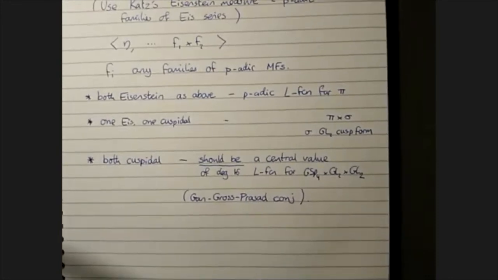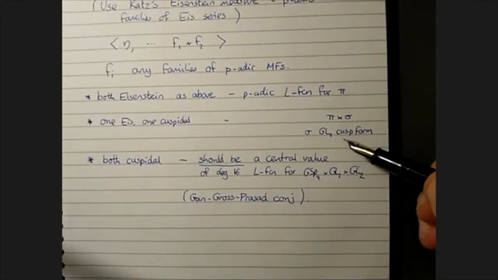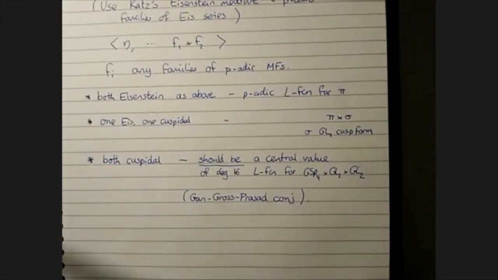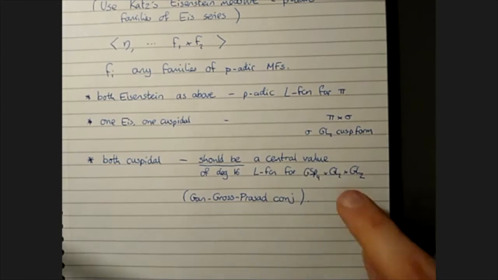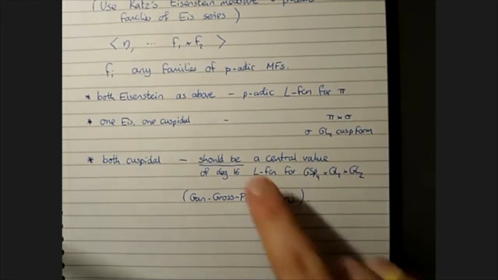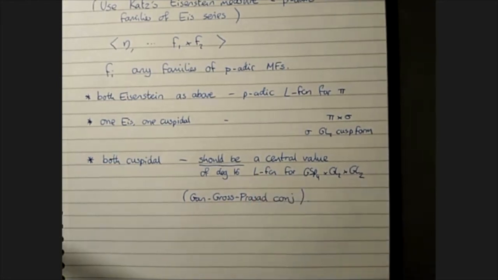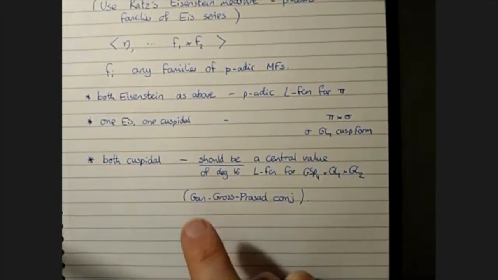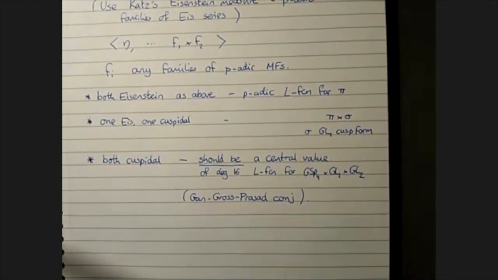So here you have a cyclotomic variable. You can look at different twists of the same object, so you're looking at the L function at different values of s. Here you're tied to the central value. And in fact, I'm lying slightly, it's the square root of the central value, if you believe the Ichino-Ikeda formulation of this conjecture.